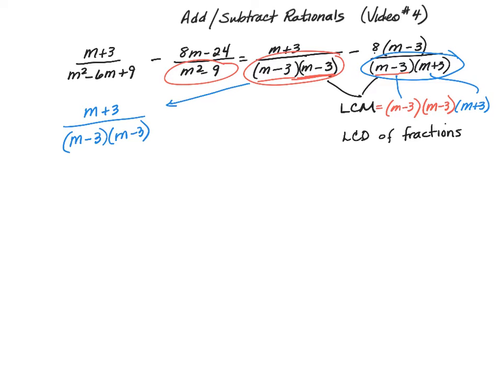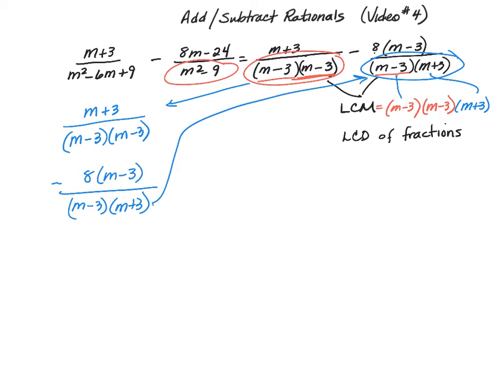And our second fraction has a subtraction sign. It's going to be 8 times m minus 3 over m minus 3 and m plus 3. And that one comes from right here.